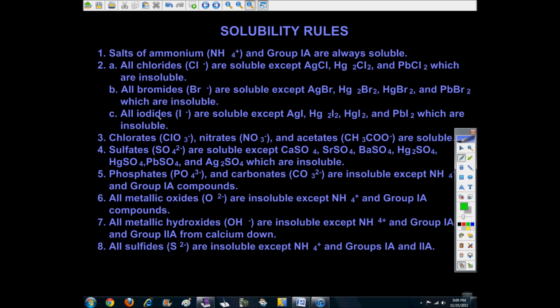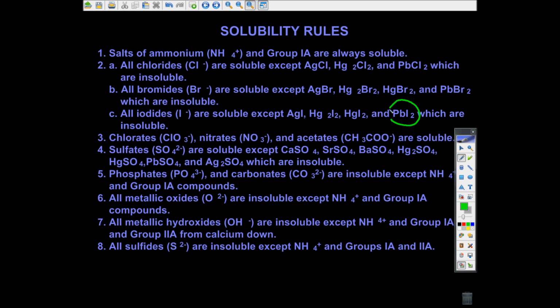It says all iodides are soluble. That means all of them will remain dissolved except for ones of silver, mercury, and lead. So right here it tells you that lead iodide is insoluble. So now I know that I'm going to have a precipitate of lead iodide.